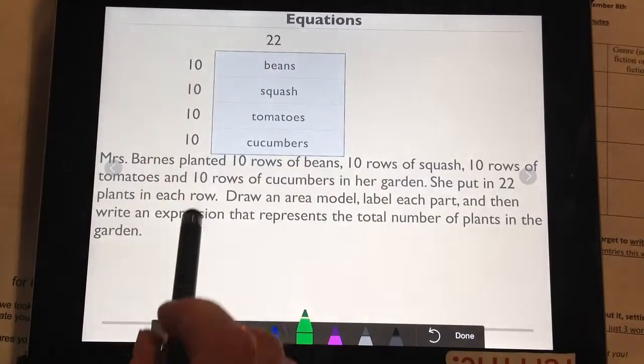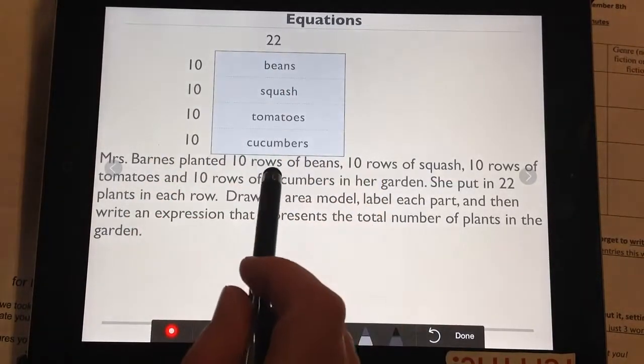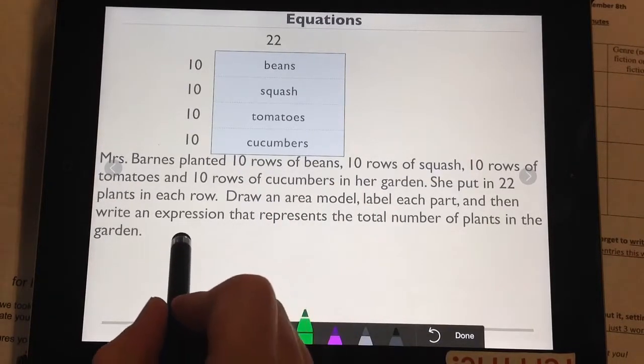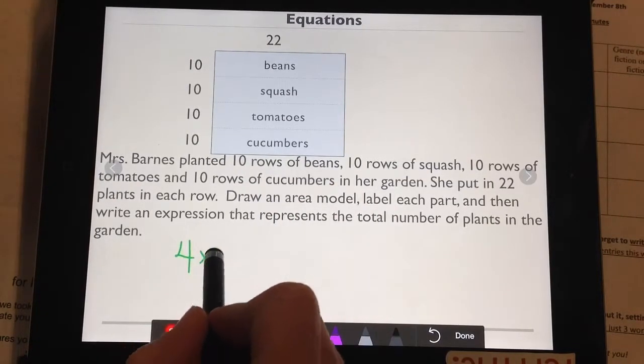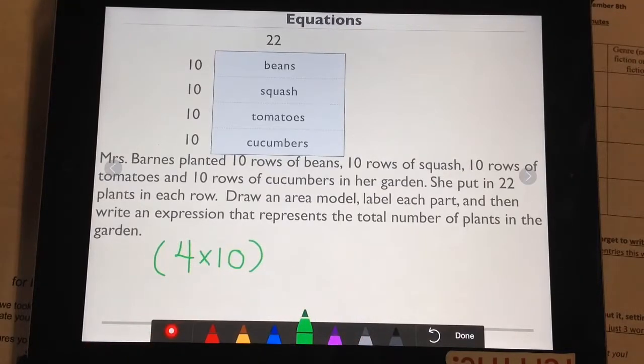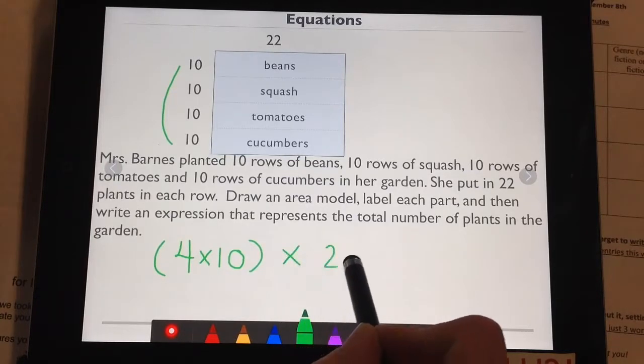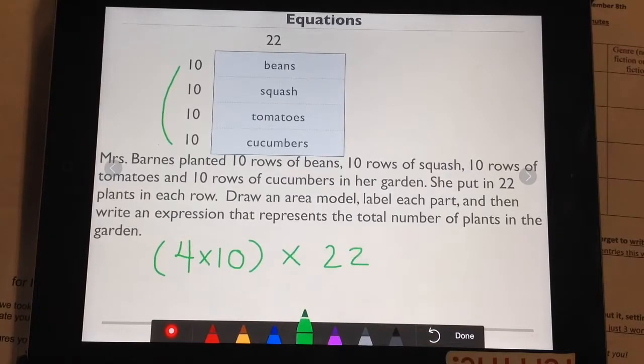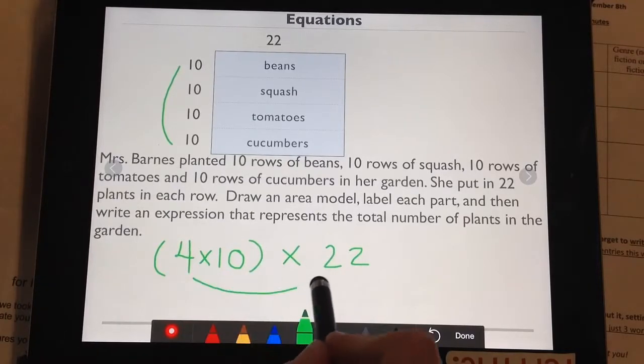I could do 10 times 22 4 times, but instead I'm going to actually group it. 4 times 10 represents these times 22. I could use a distributive property and do 4 times 22 and 10 times 22 to equal them out.